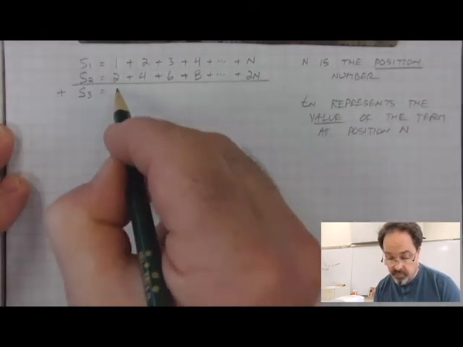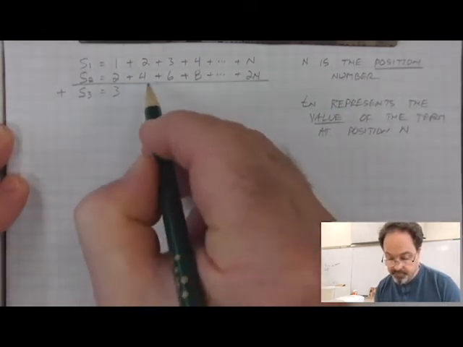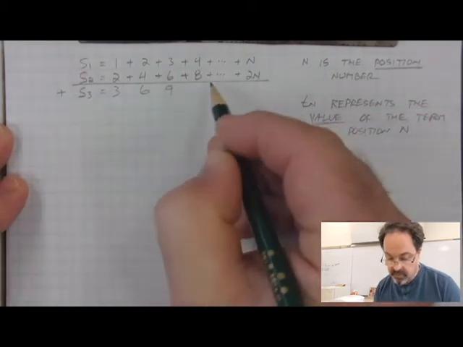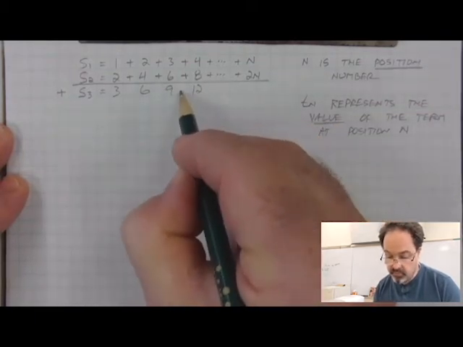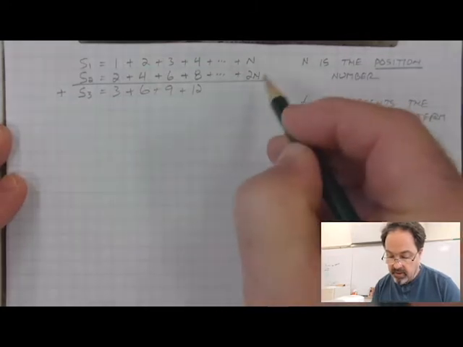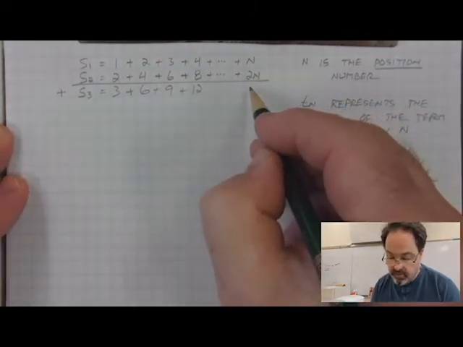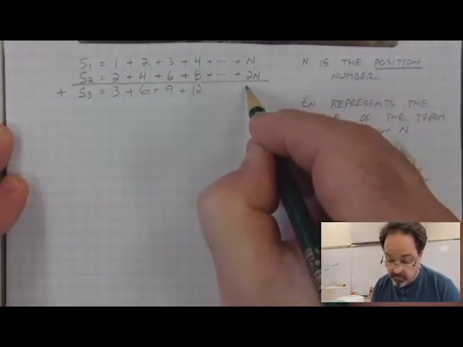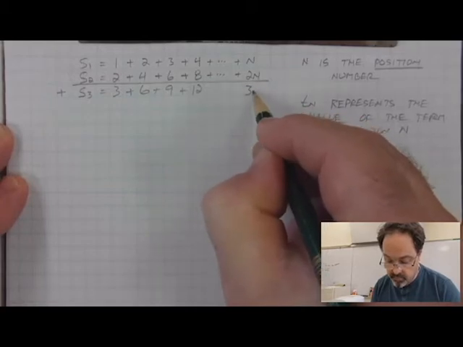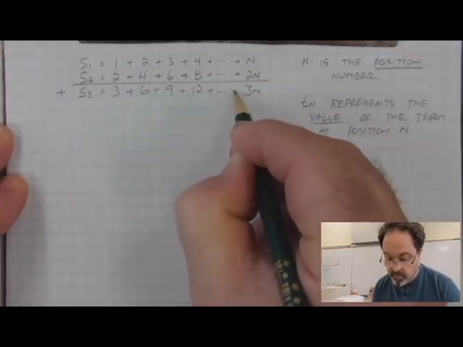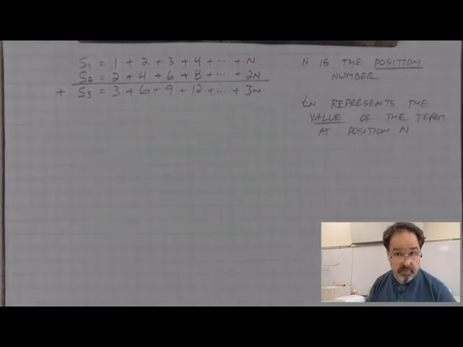The initial terms in both series add together to be 3, then 6, 9, 12. And if we add the general expressions to calculate term values, n plus 2n is 3n, which produces a third series.